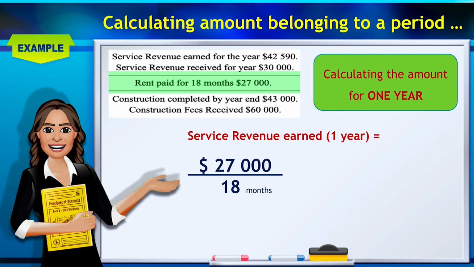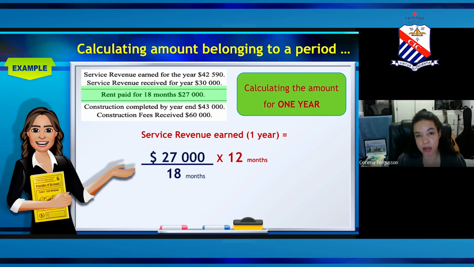So it's 27,000 divided by 18, because this is the amount of months that it was paid for, and multiply by the period you want to find out the amount for. So if you want to find out the amount for a year, you would multiply that by 12.